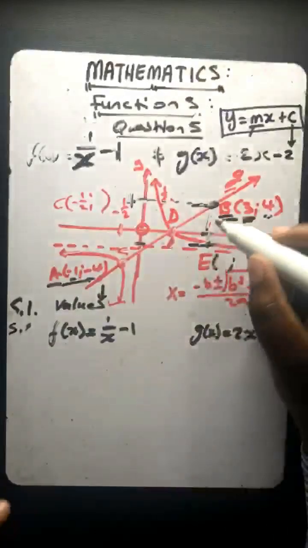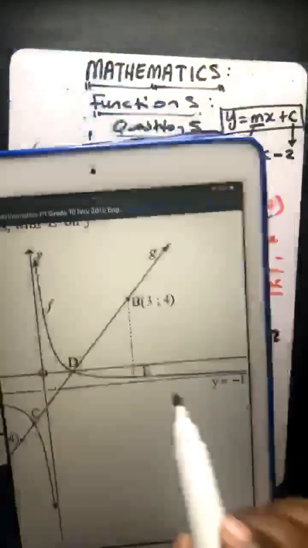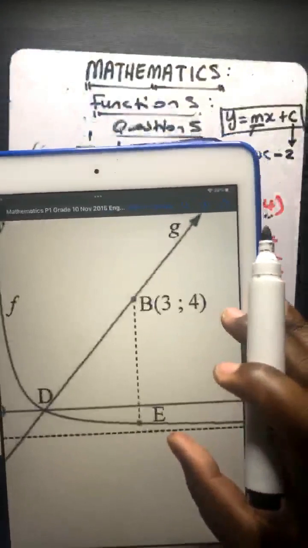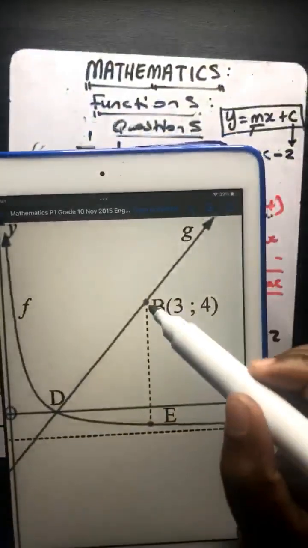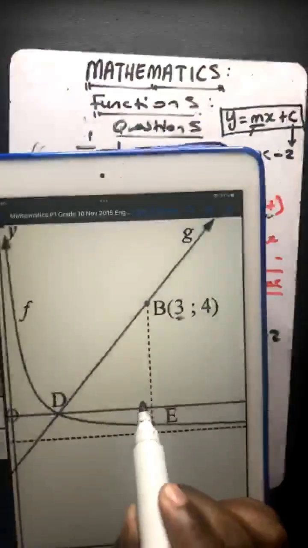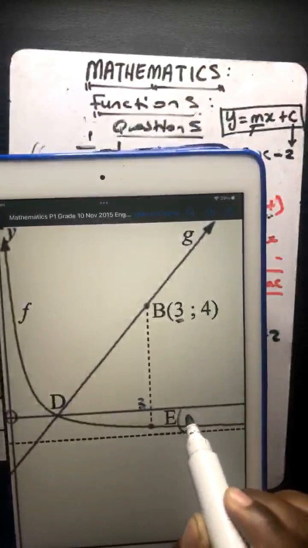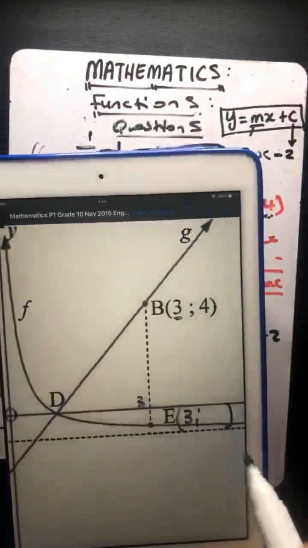This is what I was about to do. Can you guys see that this is a vertical line? So B being 3 means this is that 3 there. So for E, x is already 3. We just don't know what y is.